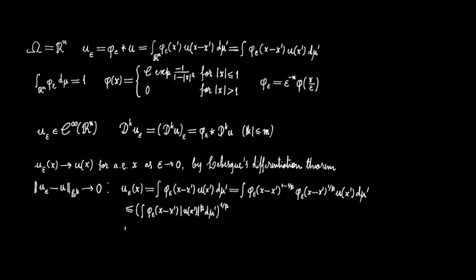So now we have that the integral of u epsilon, its absolute value raised to the pth power, is not greater than the integral of phi epsilon of x minus x prime times the absolute value of u to the pth power d mu prime d mu.